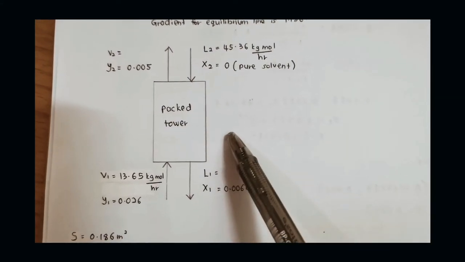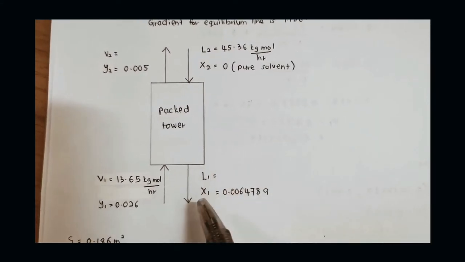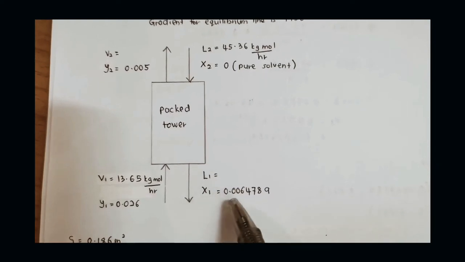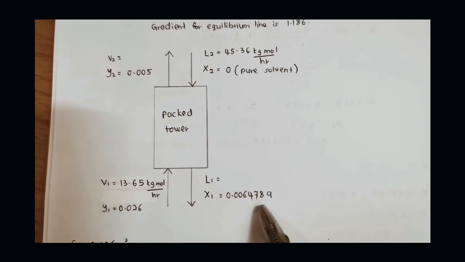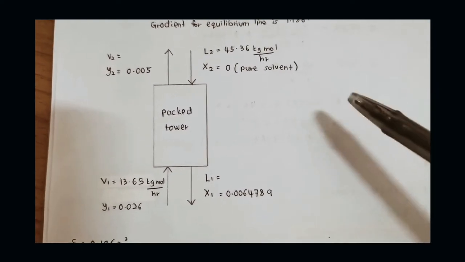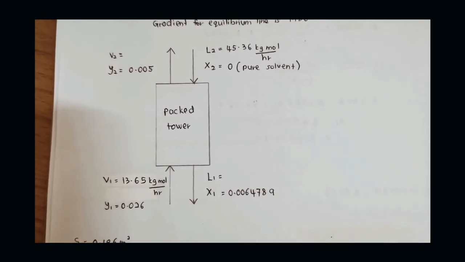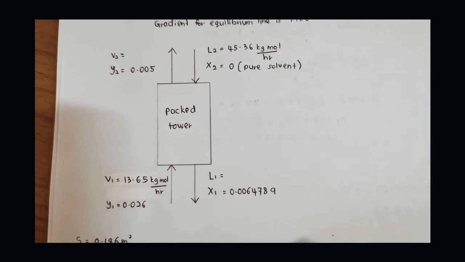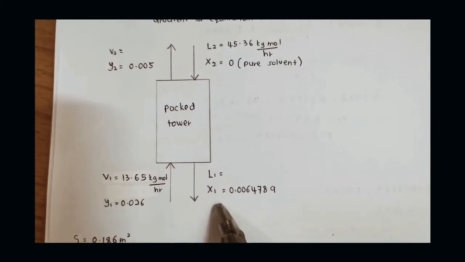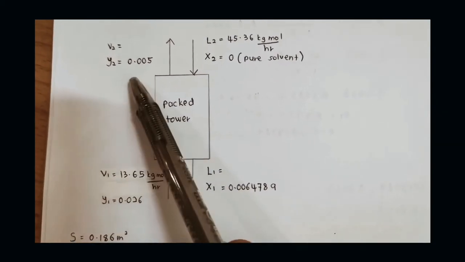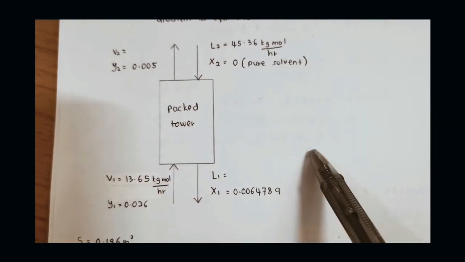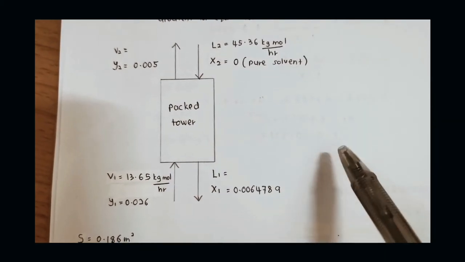Okay, so we look back at the diagram. Just now we got the value for X1, that is 0.006479. Actually, in this question we have to construct a graph, and in the graph we have to construct an operating line. So the compositions x1, y1, y2 and x2 can be the points to construct the operating line.